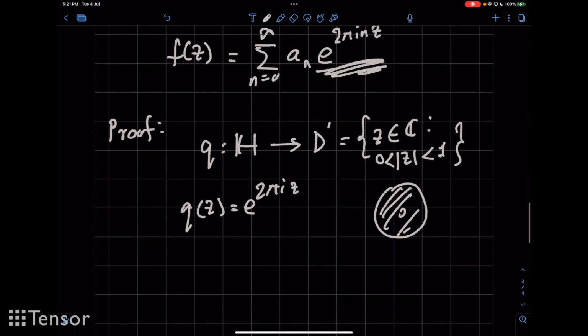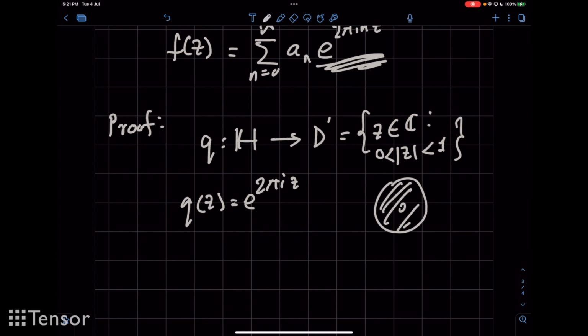And if we take the absolute value of this thing, so the absolute value of e to the power 2 pi i z, let's write z as x plus iy. This is equal to e to the power minus 2 pi y. And since z is in the upper half plane, y is positive.